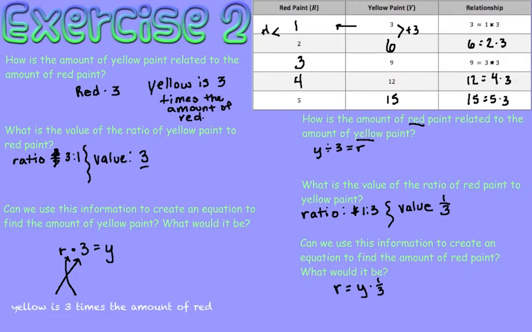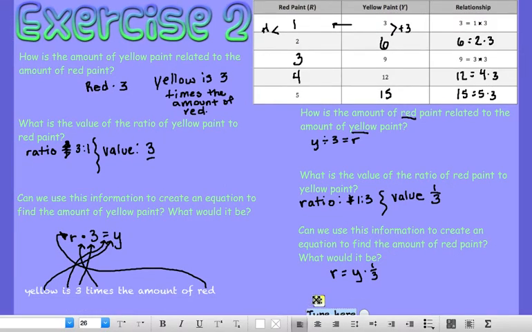Okay, so we know that our yellow is 3 times the amount of red. So now if we go over here, we'll try this again. Should be able to get this one correct.